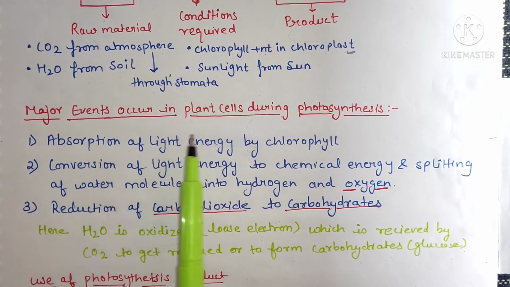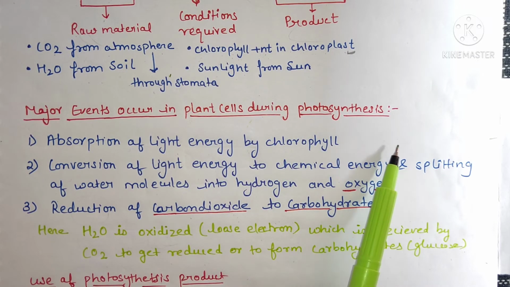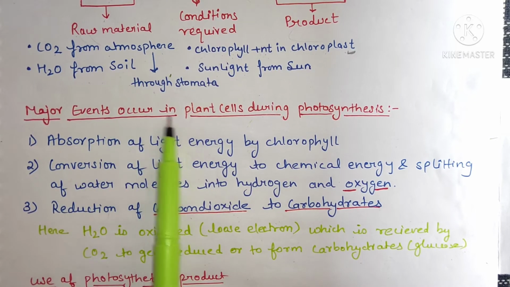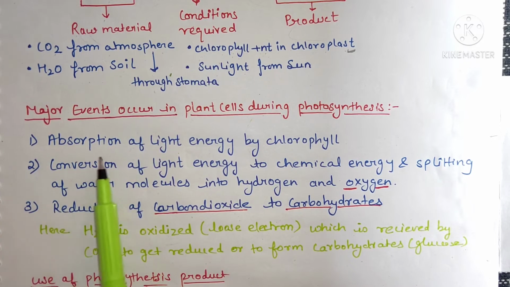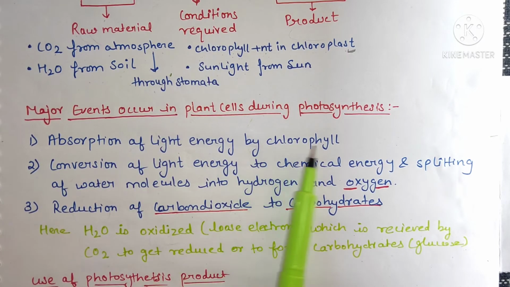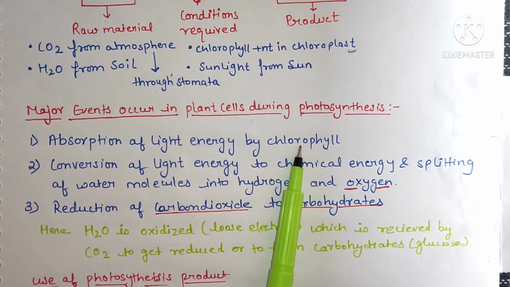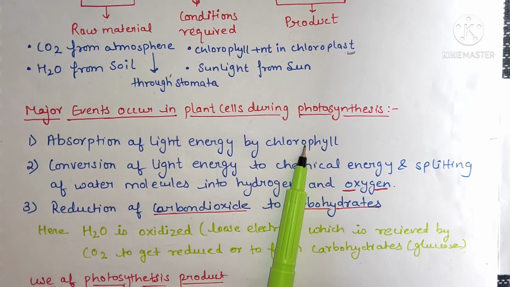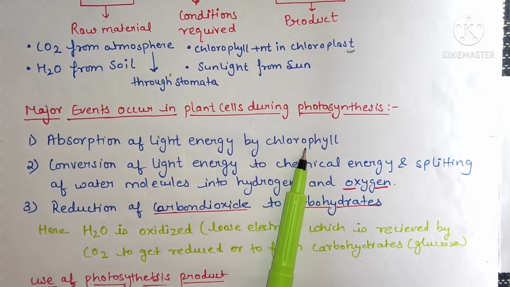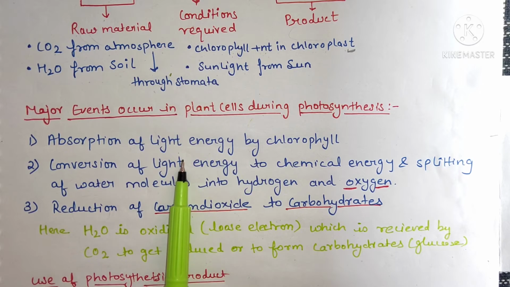Now we come to the major events in the plant cell during photosynthesis. The first one is absorption of light energy by chlorophyll. I said earlier that chlorophyll is essential because it absorbs light energy, and chlorophyll is a green pigment, due to which the color of leaves is green.